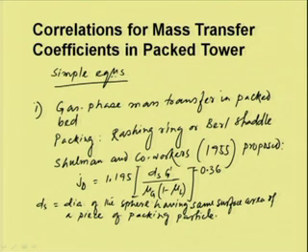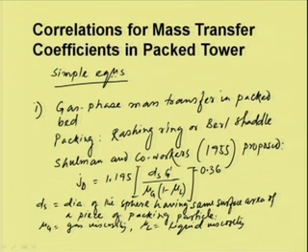And mu g is the gas viscosity, mu L is the liquid viscosity, and G dash is the mass flow rate of the gas.